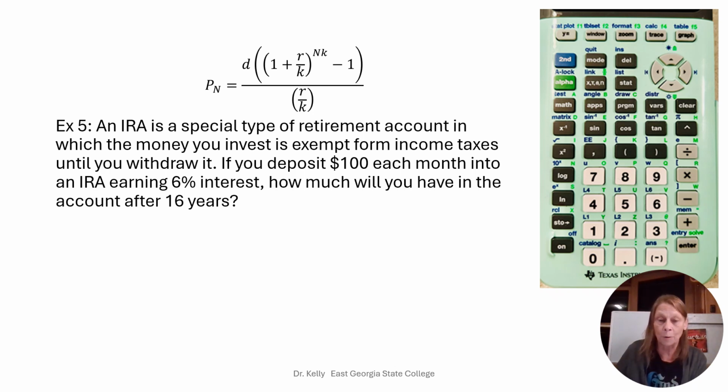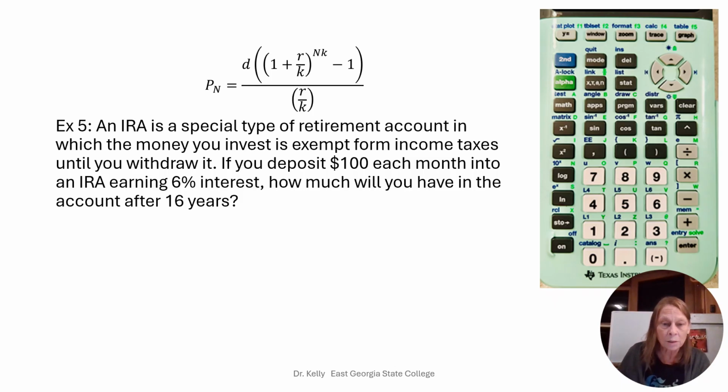Now the kicker with an IRA, and with 401ks, is you have to leave your money in for so long. There's a set number of years, usually around 6 years, that you can't touch that money without a penalty. So that's just a little background information.